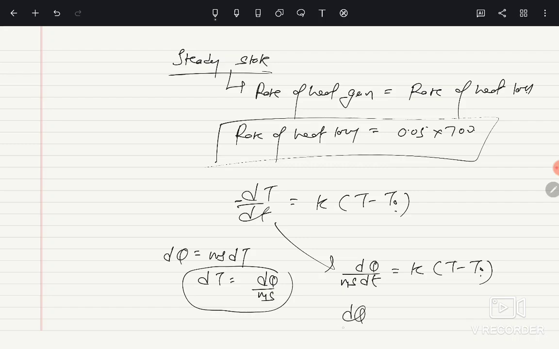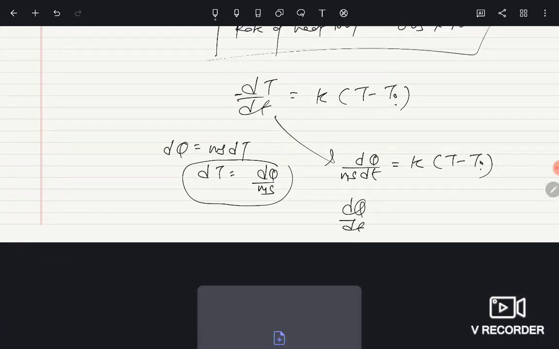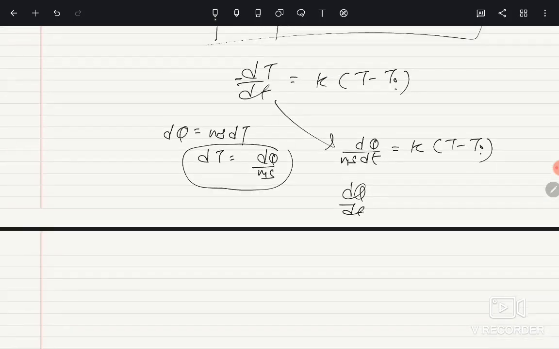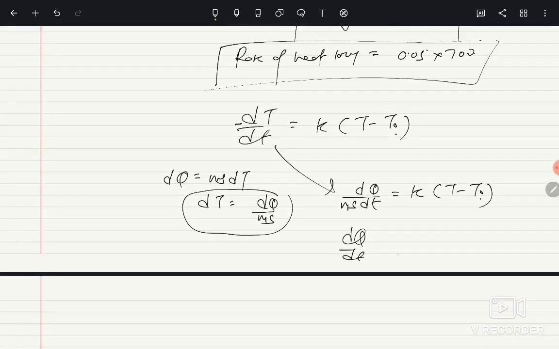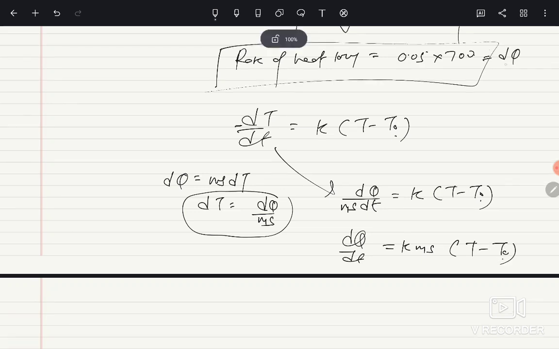So we get dQ by dt is equal to K m s times T minus T naught. So dQ by dt is your rate of heat loss, which is 0.05 into 700. Now K m s we have to calculate, times T minus T naught.